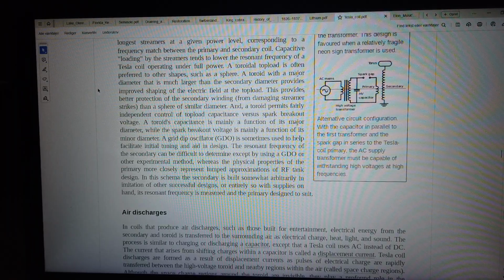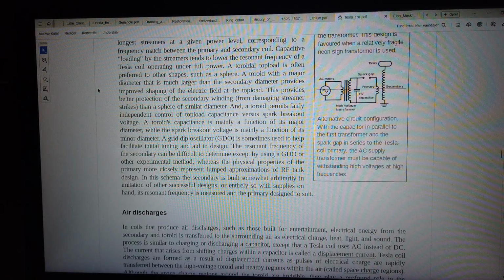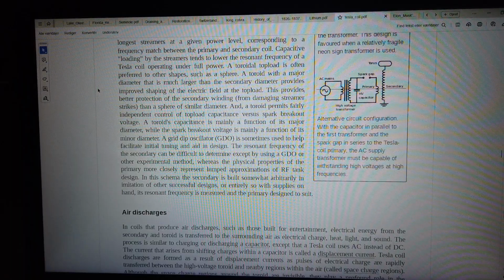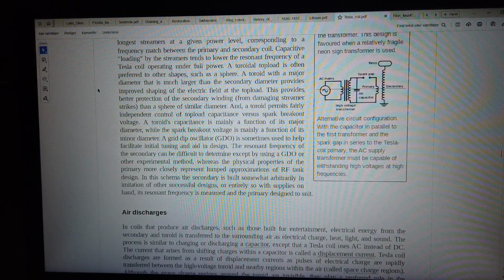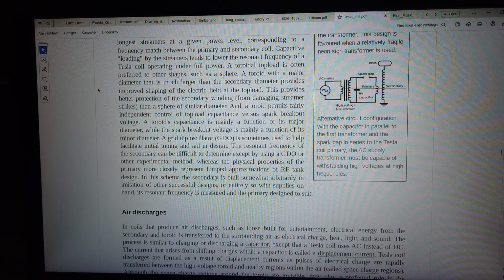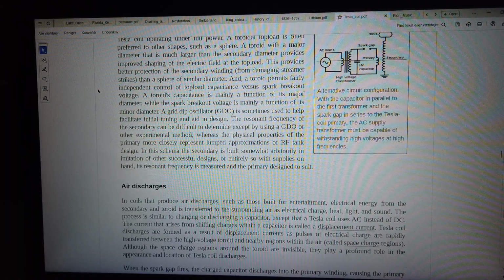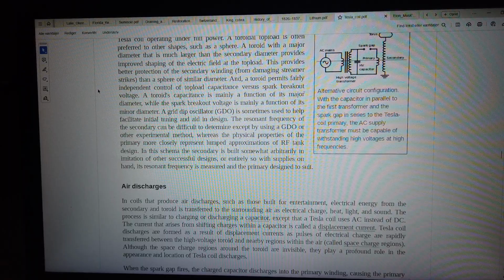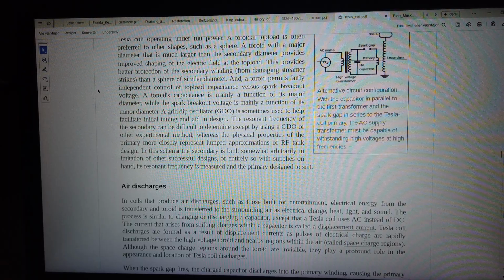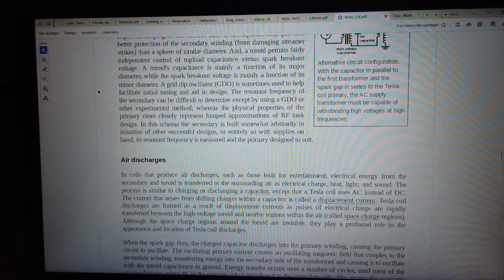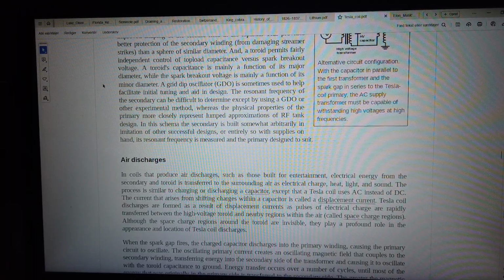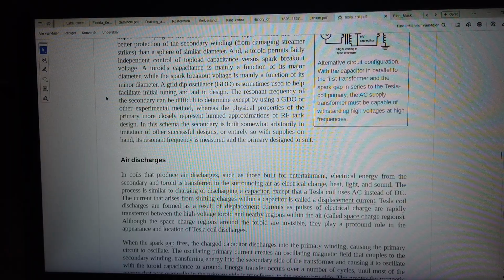And a toroid permits fairly independent control of top-load capacitance versus spark breakout voltage. A toroid's capacitance is mainly a function of its major diameter, while the spark breakout voltage is mainly a function of its minor diameter.